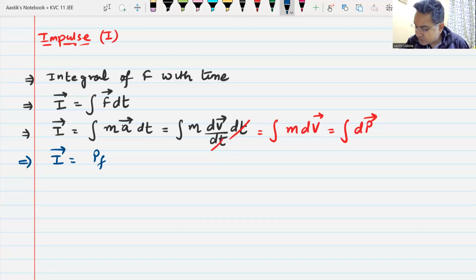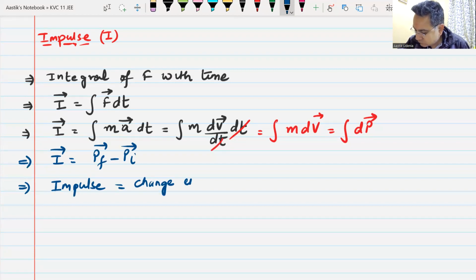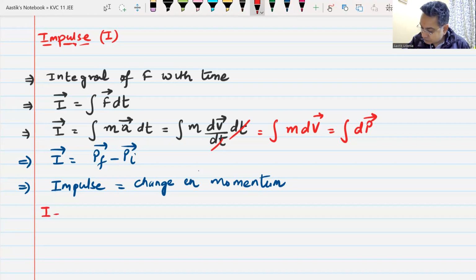It becomes the change in momentum. Impulse of a force is equal to change in momentum. This theorem is known as the impulse momentum theorem.